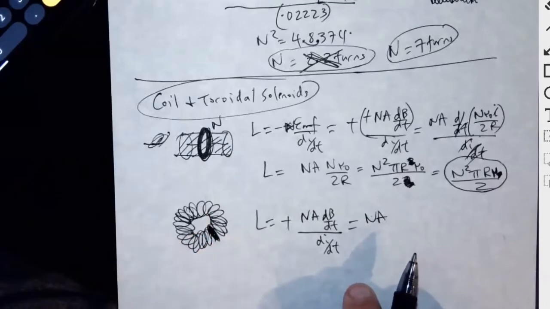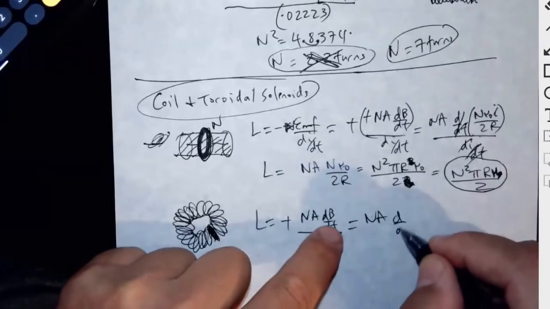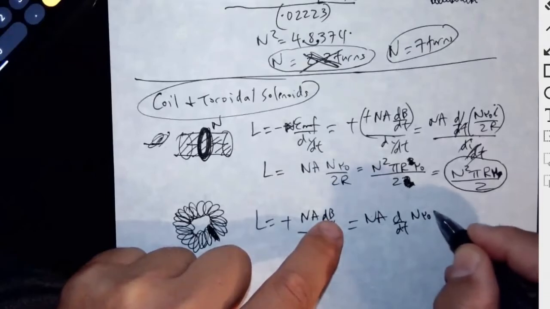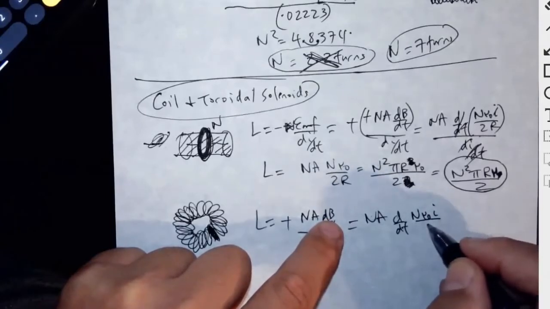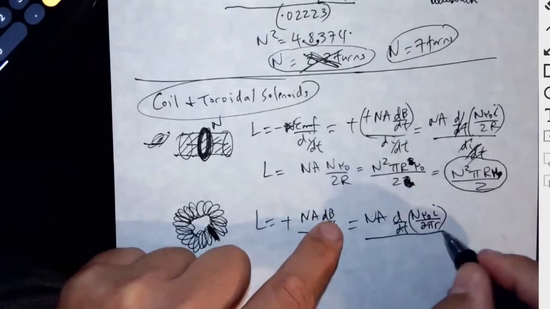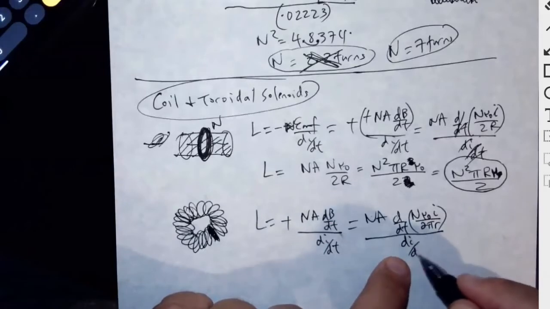Negative N A, and then dB dt, the B would be the B field inside of a toroid, which is N mu 0 I over 2 pi R, over di dt.